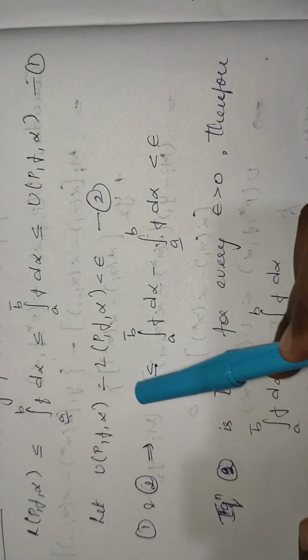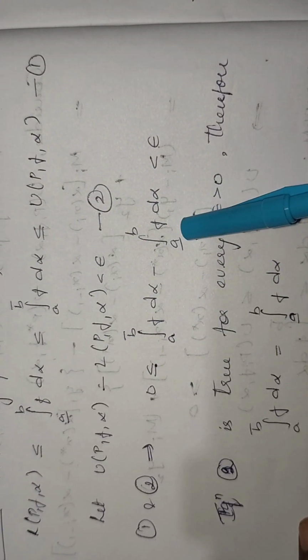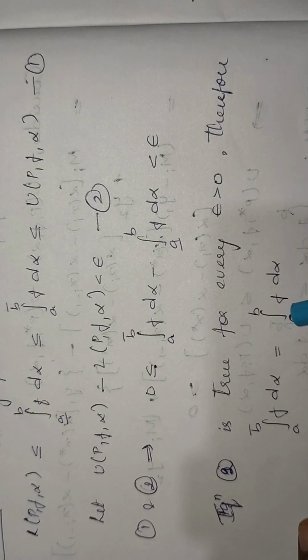So, 0 is less than or equal to the upper Riemann-Stieltjes integral minus the lower Riemann-Stieltjes integral, which is less than epsilon.